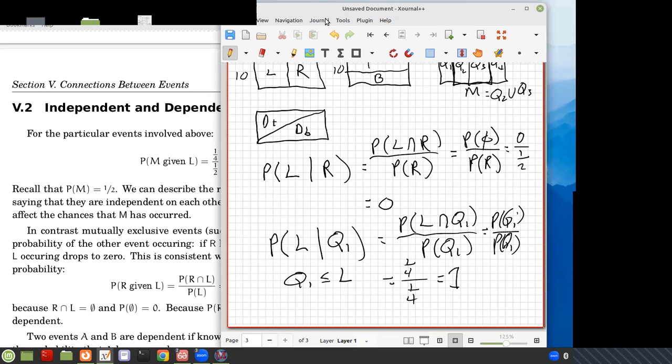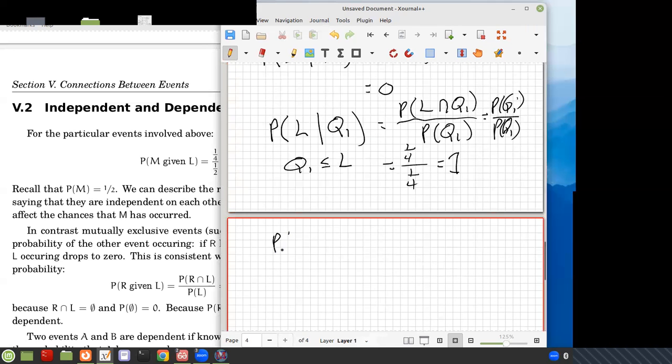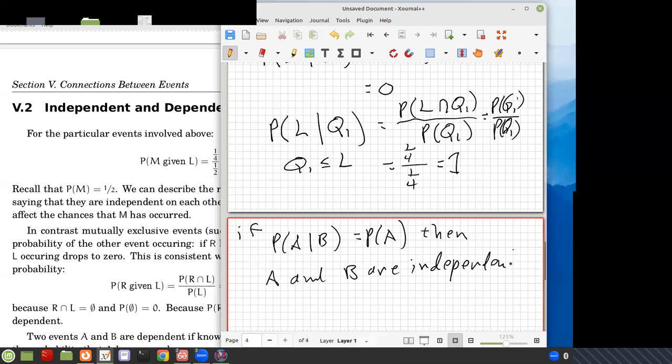Now, the definition of independent events is this: if the probability of A given B equals the probability of A, that is, if you know that B has occurred, it tells you nothing about whether A occurs, then we say A and B are independent events.